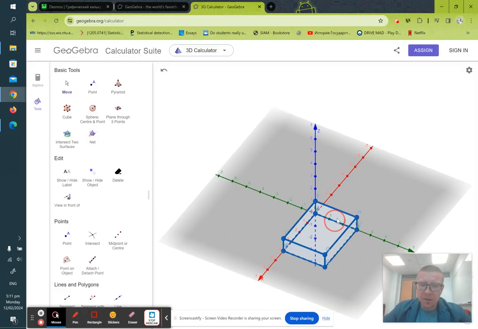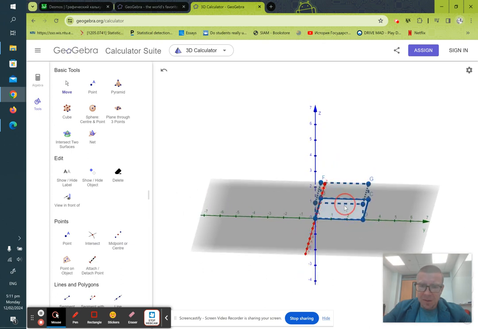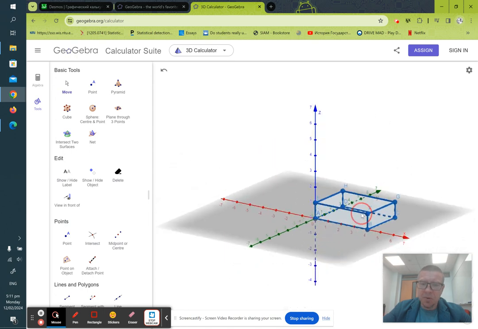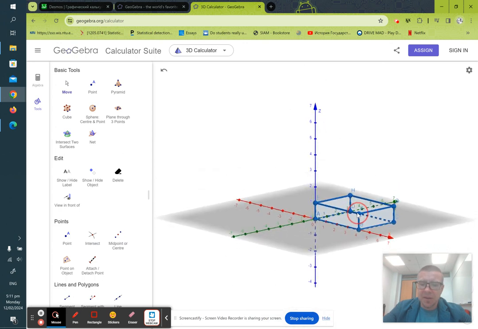Right. So the cardboard is basically just a box. It consists of, well, generally a box has 6 faces, but here the top face is not there. So because the question says the cardboard without a lid.